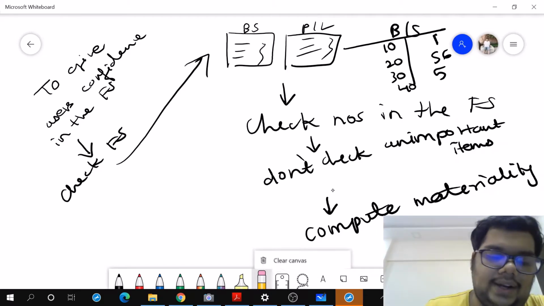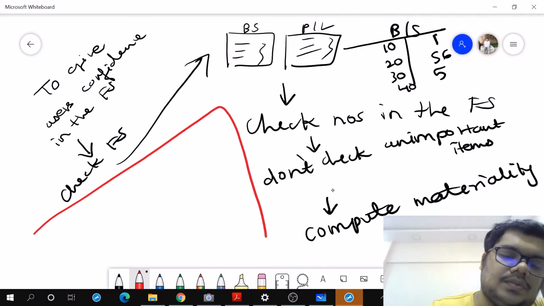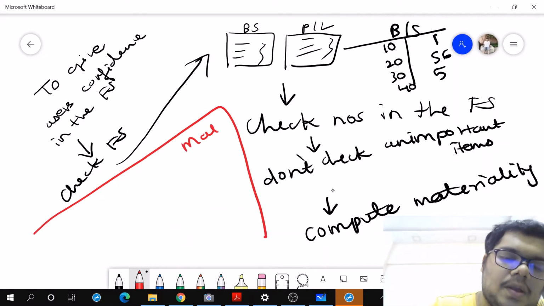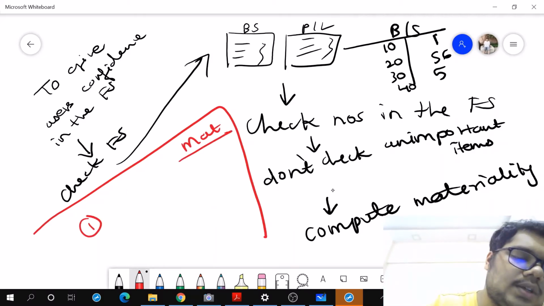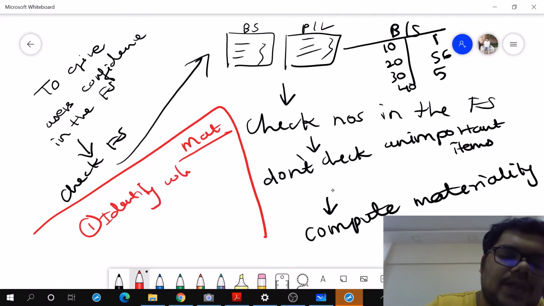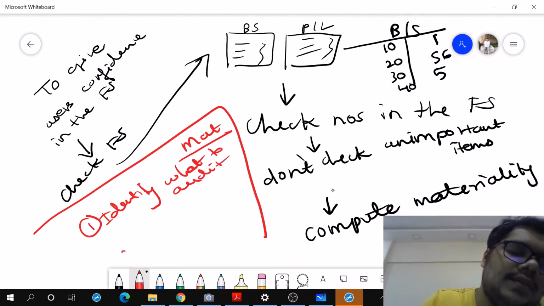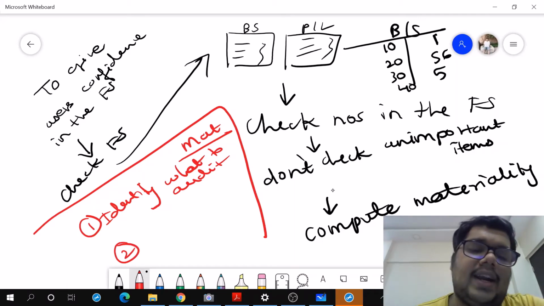So if I had to write here now, materiality first helps to identify what to audit. It helps us to identify what we want to audit.